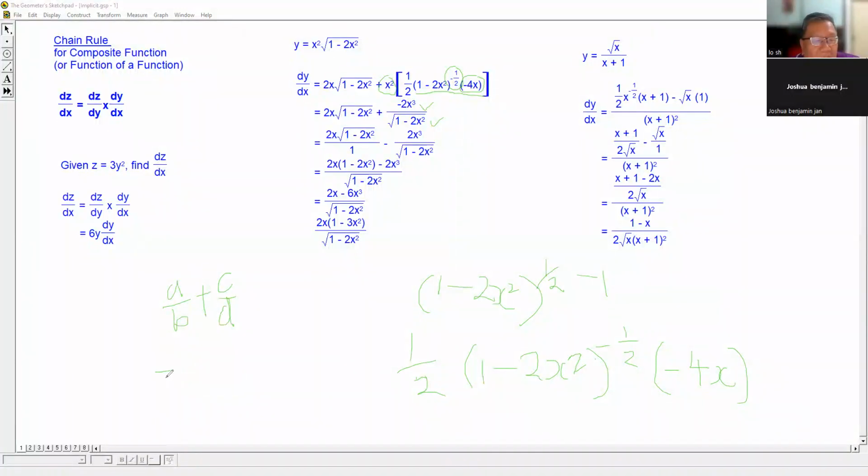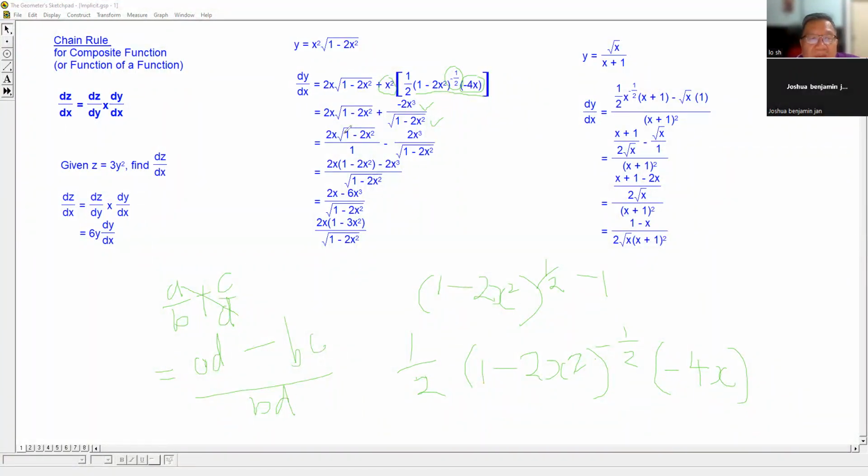So when you add them up, it's actually A times D, minus B times C over B D.